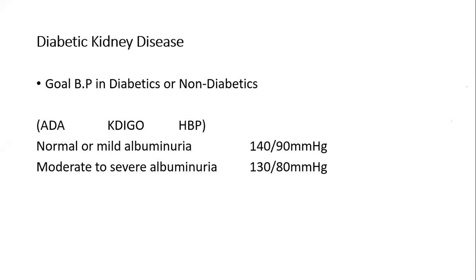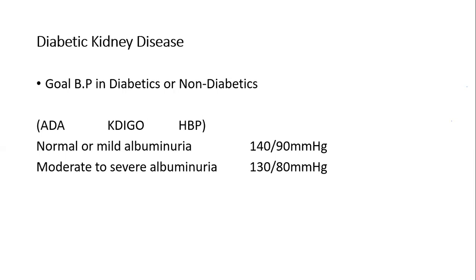So, diabetic kidney disease: the goal blood pressure in diabetics or non-diabetics. I've mentioned a general rule of thumb here. Normal or mild, 140 by 90. Moderate to severe, where the albumin to creatinine ratio is 30 to 300 or more than 300, you target strict 130 by 80, right?